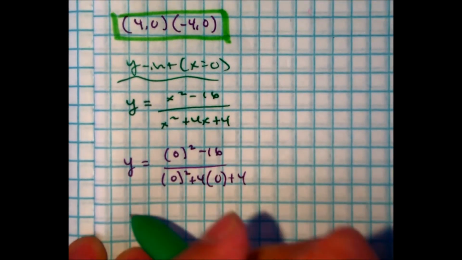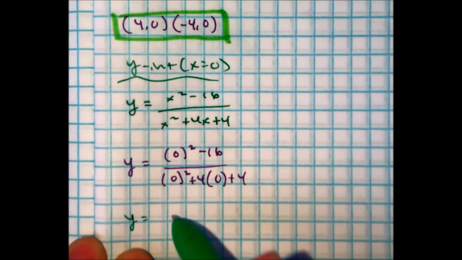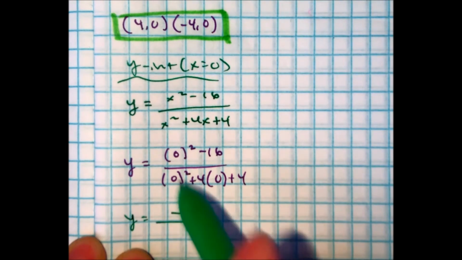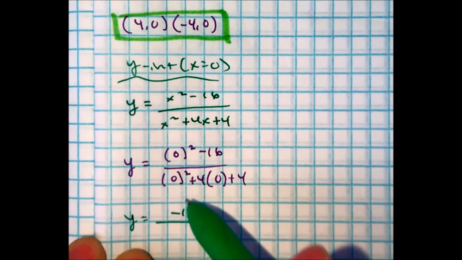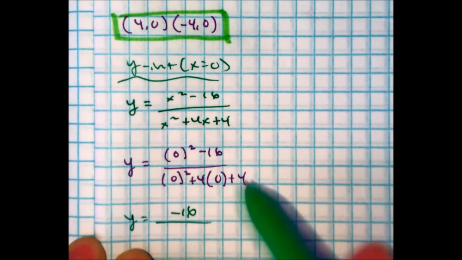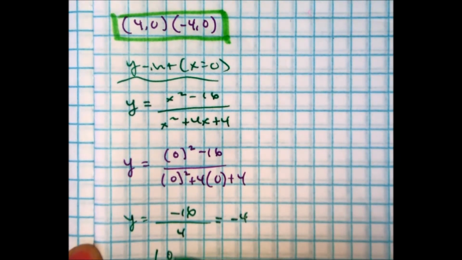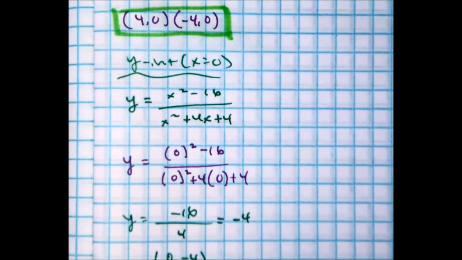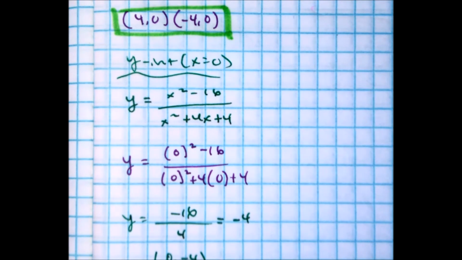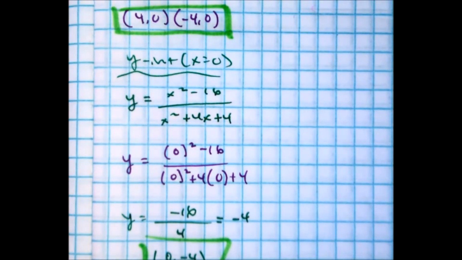So 0 squared is 0 minus 16, over 0 squared plus 4 times 0, plus 4. Y is equal to, so 0, negative 4. Raise your hand if you got that. Okay, what's next?